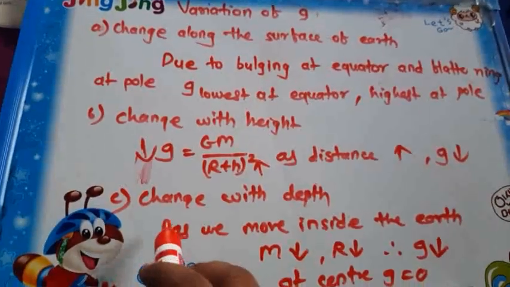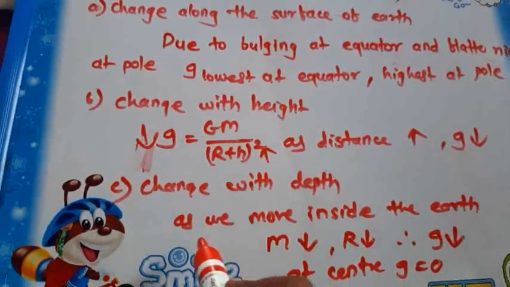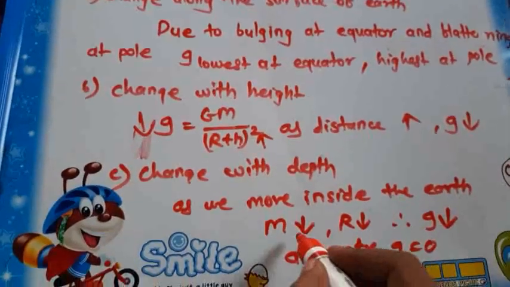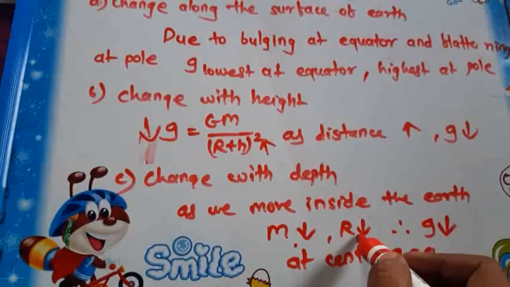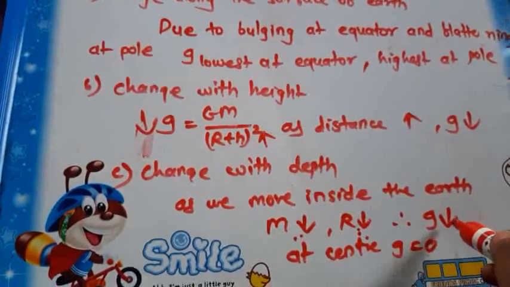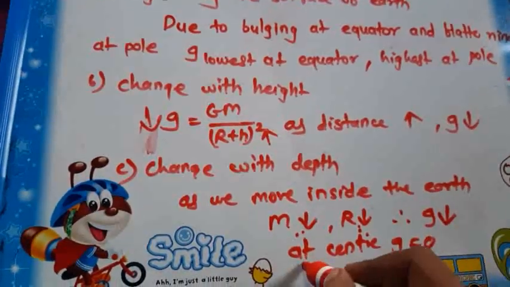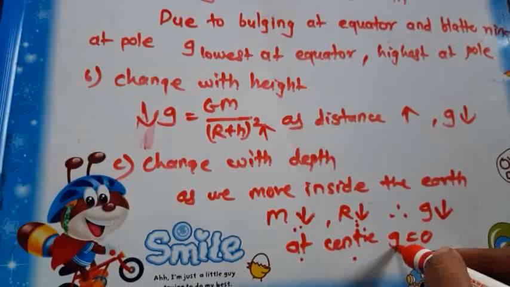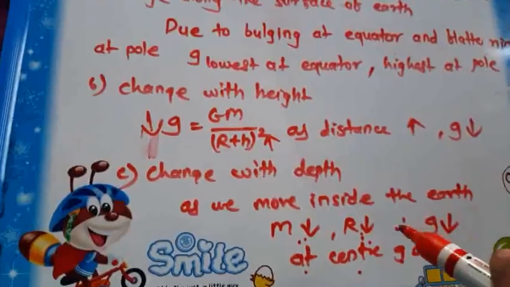Next is change with depth. As we move inside the earth, the mass of the earth and the radius of the earth both decrease. So due to these two decreases, the acceleration due to gravity also decreases. And at the center of the earth, the gravitational acceleration is 0.